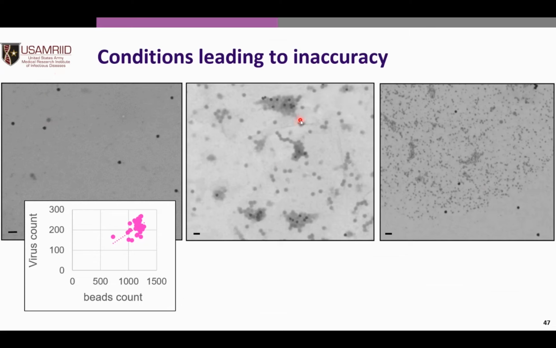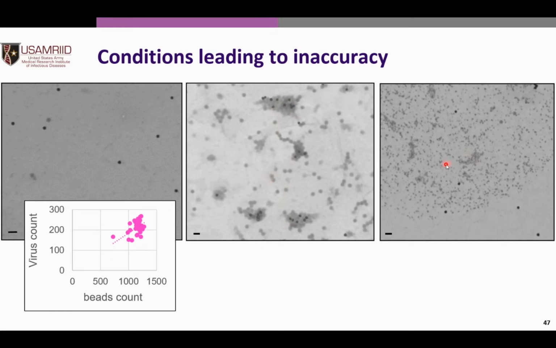You're probably hitting the upper end, or you have passed over the upper end of your linear range that I showed you before, and it gets really difficult to start counting virus like this because they get all clumped together. You can't really accurately say how many virus particles are in this clump and this clump and this clump. That's what makes your linear range go off track once you get above a certain concentration of virus.